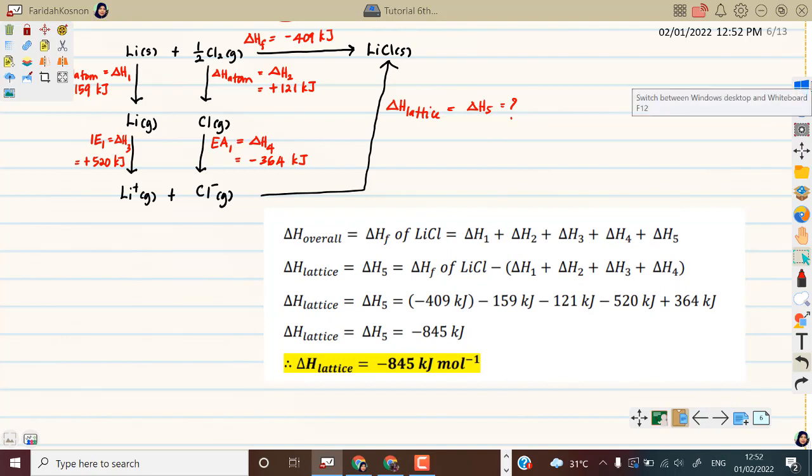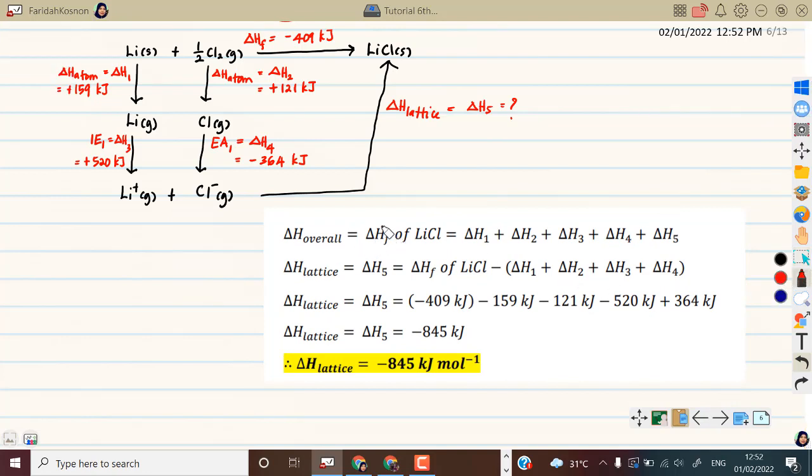By applying Hess's law, where the overall enthalpy, or the enthalpy of formation of lithium chloride, is equal to the sum of all the enthalpies: delta H1 plus delta H2 plus delta H3 plus delta H4 plus delta H5. Now we are going to calculate delta H5, which is the lattice energy. So you rearrange and then continue by substituting all the values. Here you will first get negative 845 kilojoule.